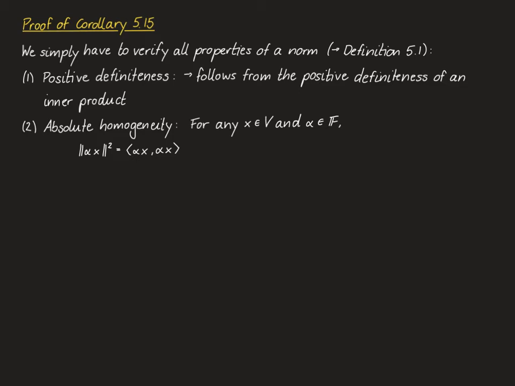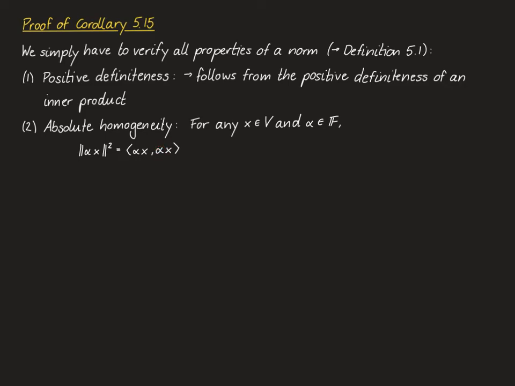To show this one, pick any vector x in the vector space and any scalar alpha in the field. By definition of the induced norm, the norm of alpha x squared equals the inner product of alpha x with alpha x. Now we use conjugate linearity in the first argument to pull out the first scalar, and linearity in the second argument to pull out the second scalar.